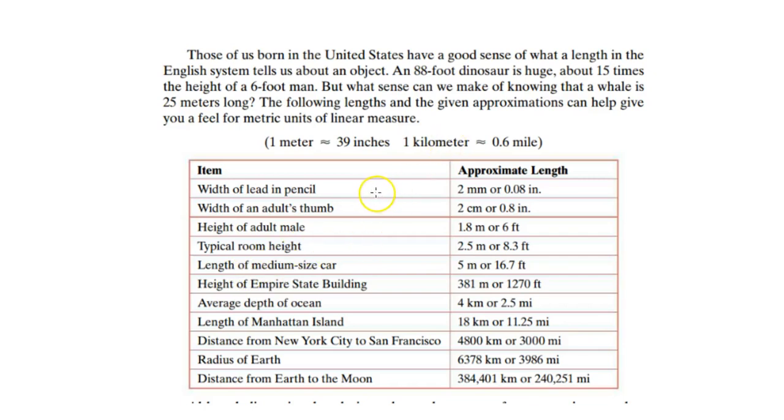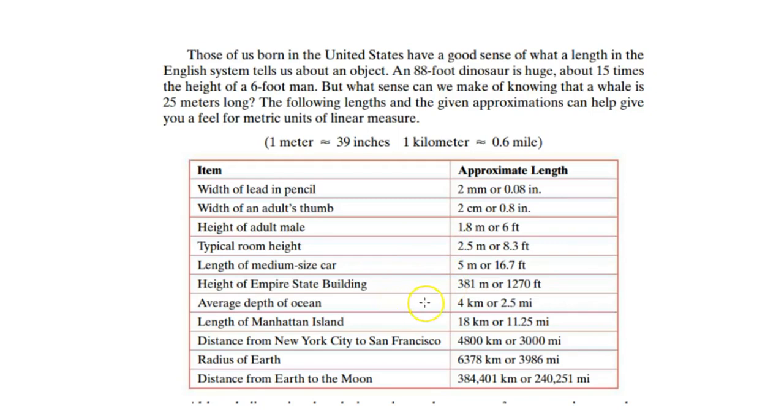approximations. Width of lead in a pencil, 2 millimeters. Width of an adult's thumb, 2 centimeters. Height of an adult male, 1.8 meters. Typical room height, 2.5 meters. Length of a car, 5 meters. Height of the Empire State Building, 381 meters.